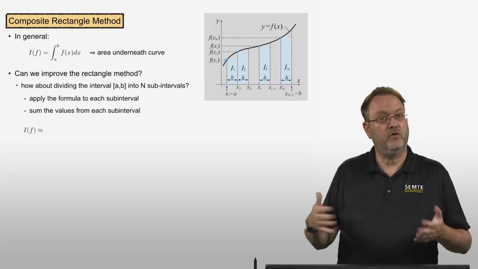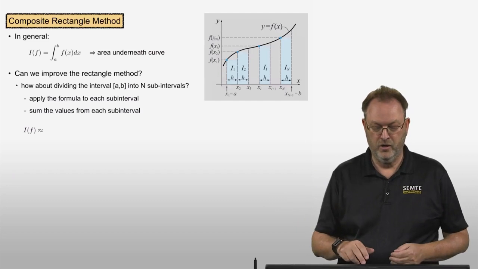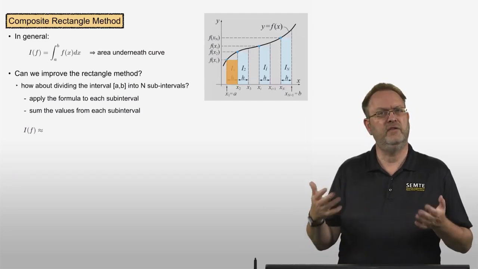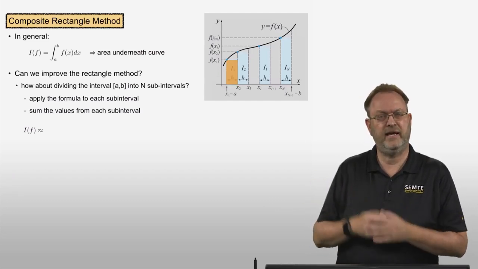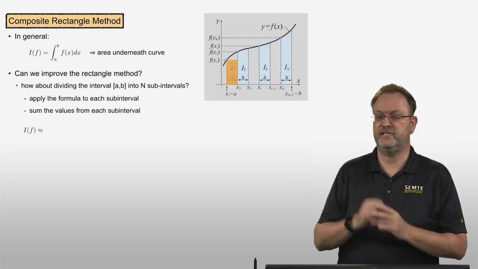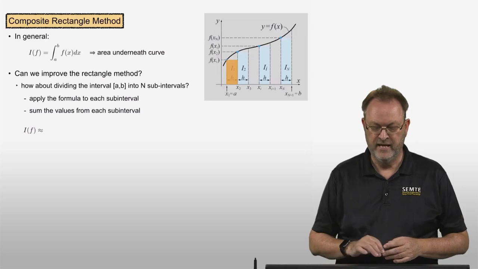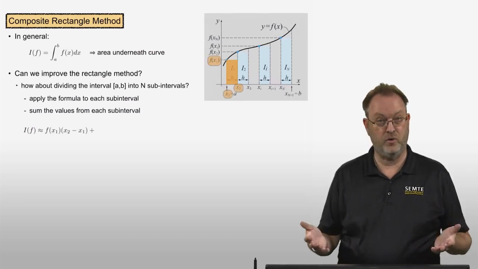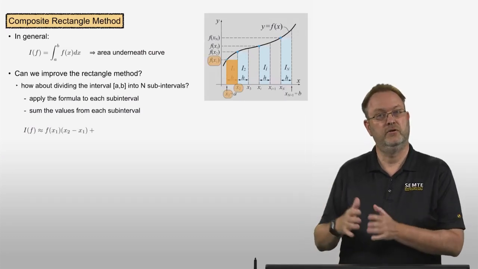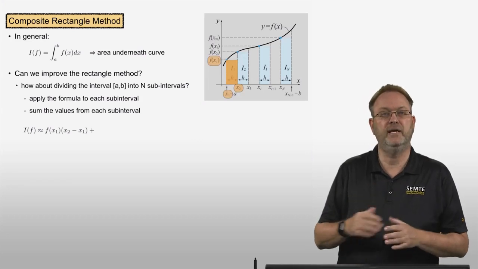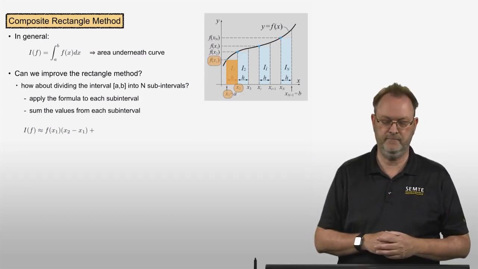So then the overall integral from a to b would be the rectangle area from the first subinterval, which if we use the left function value would be f of x1 times the width of this subinterval, x2 minus x1.